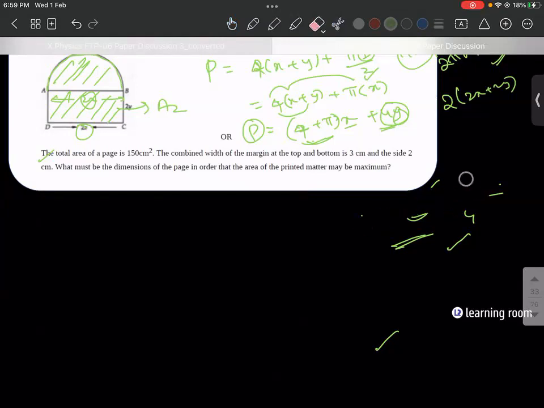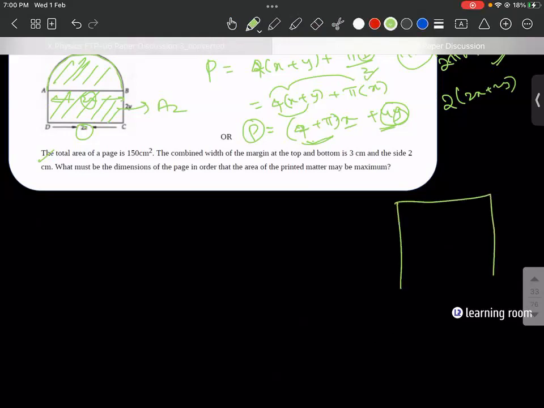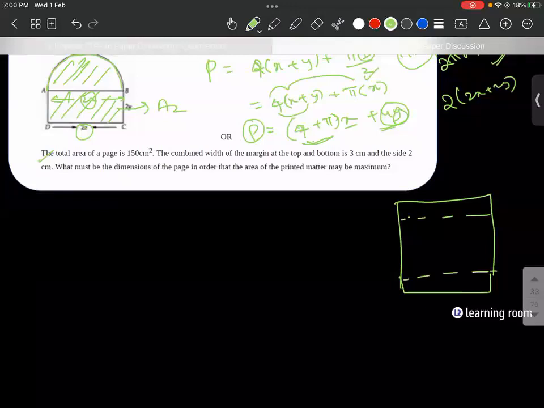So how to solve this? So if I take a page, for this page, the combined width of the margin at the top and the bottom is 3 centimeter and the side is 2 centimeter.